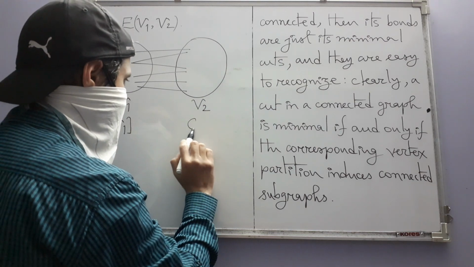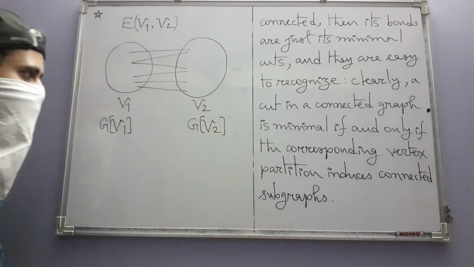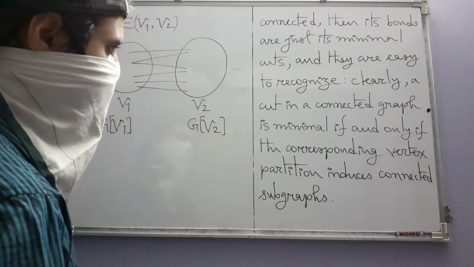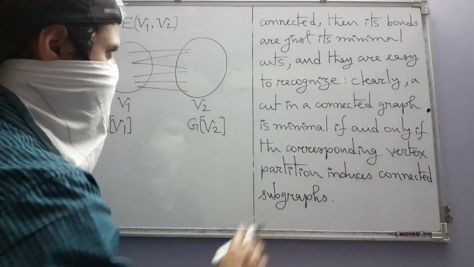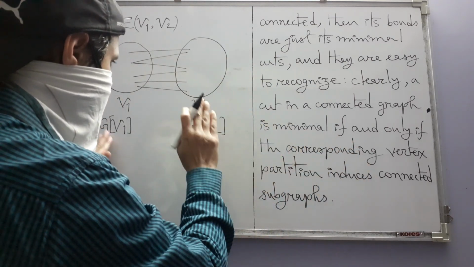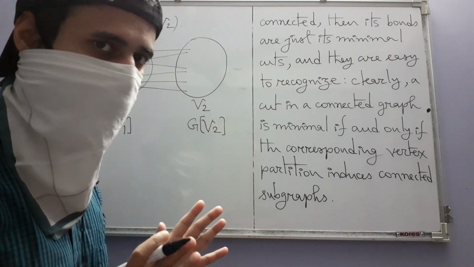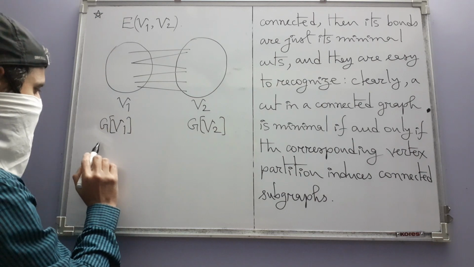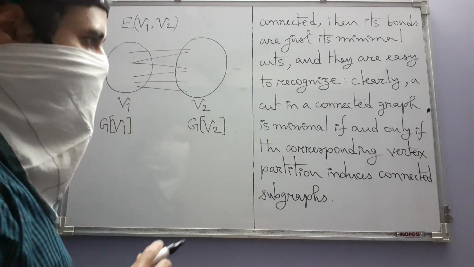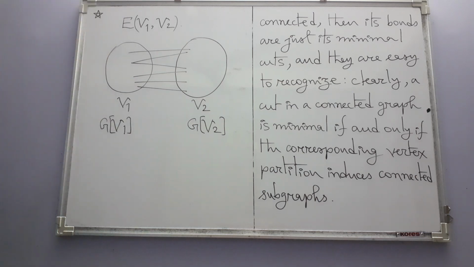Similarly, on this side you have an induced subgraph that is induced by V2. So this condition says that our cut is minimal if and only if both of these subgraphs are connected. Okay, this is connected, this is also connected, but how? That's the thing. So let's see.